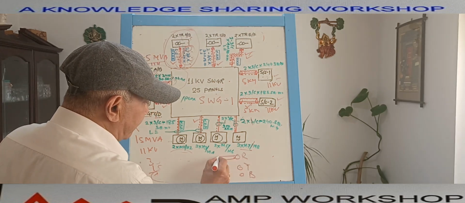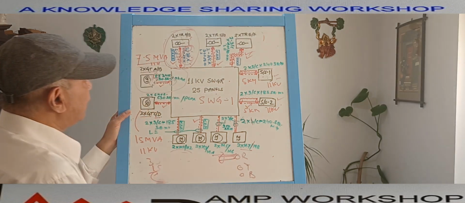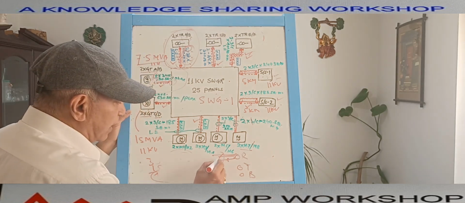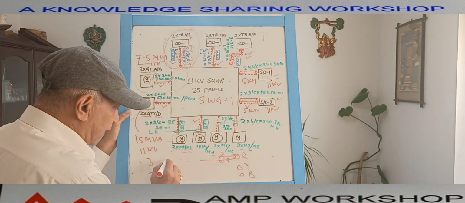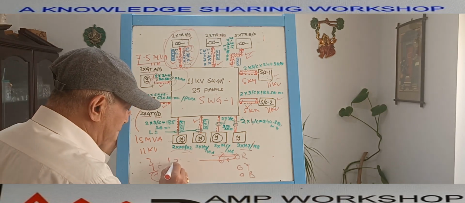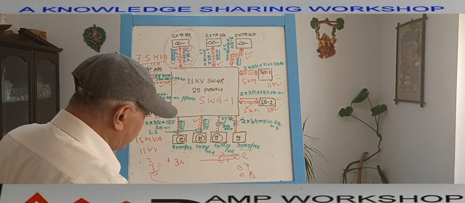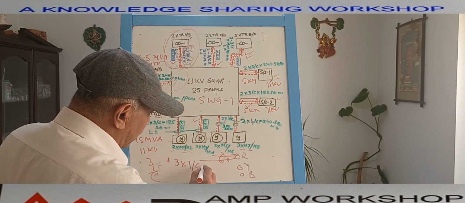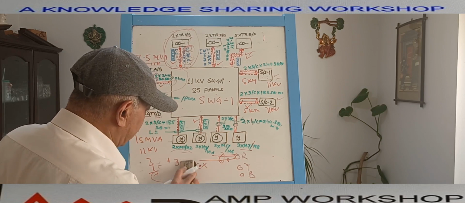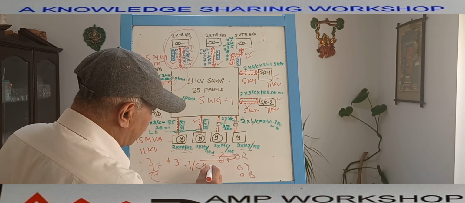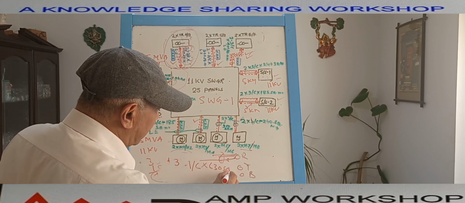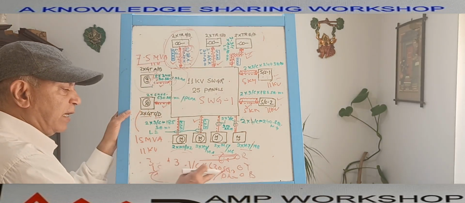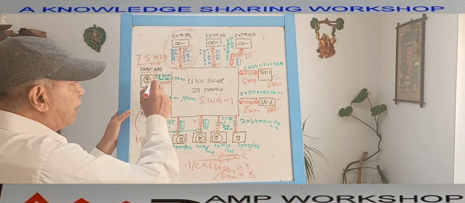At each terminal there are 3 numbers of single core cables. You can write it as 3 dash 1 core 630 square millimeter per phase, not for the total equipment, per phase. 3 number single core 630 square millimeter cable is connected per phase.